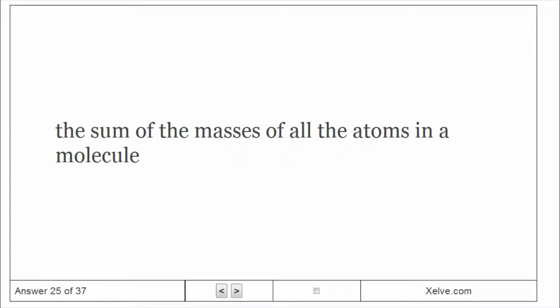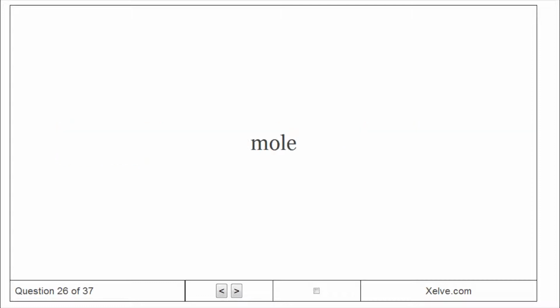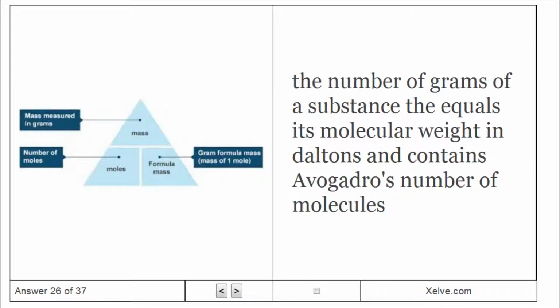The sum of the masses of all the atoms in a molecule. Mole. The number of grams of a substance that equals its molecular weight in Daltons and contains Avogadro's number of molecules.